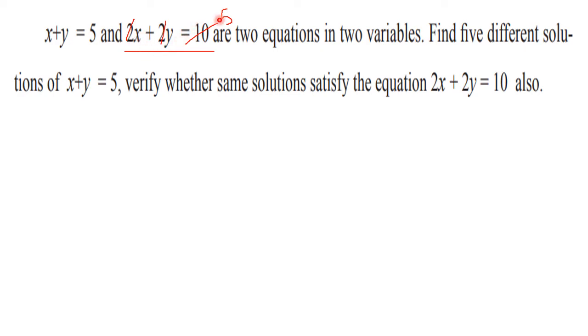See, x plus y is 5 and here also we have x plus y is 5. So when we multiplied all the terms by 2, we got this new equation. That is why whatever values of x and y we take, they are going to satisfy the second equation also. Because these two equations are the same. If we reduce them, we get the original equation like this.